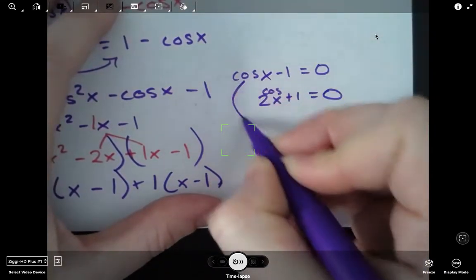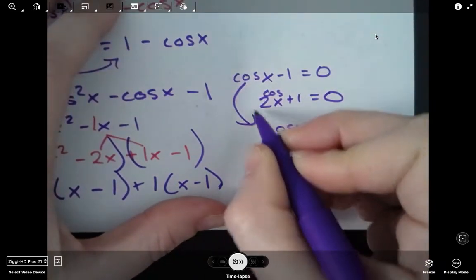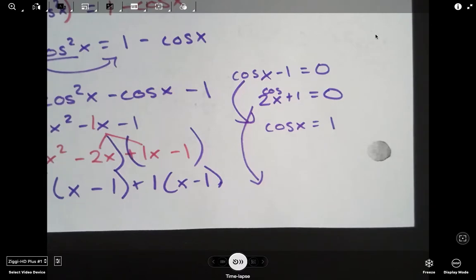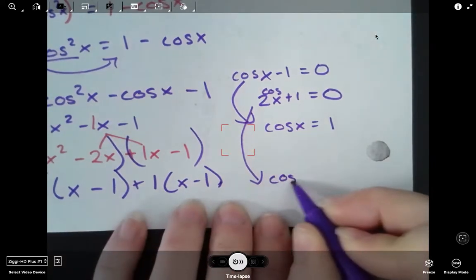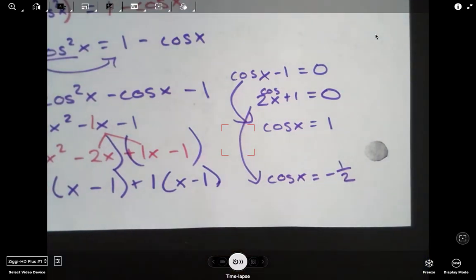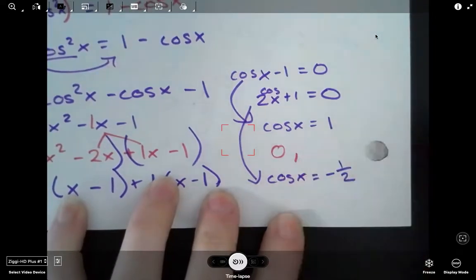If I solve this one, I have cosine x equals 1. And for the other one, subtract the 1, divide by 2, cosine x equals negative 1/2. Now, can you look those up in your unit circle? Where is cosine 1?